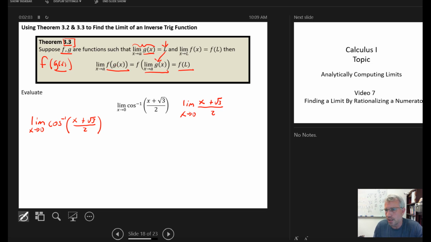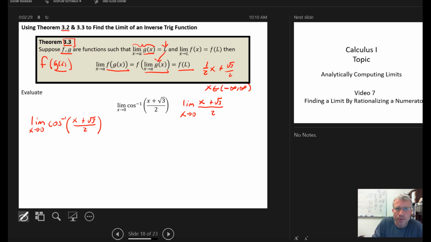What we want to recognize is that this is really just a linear function, in the form mx plus b. A linear function has the domain from negative infinity to infinity. In other words, it is defined for all real numbers, and 0 is an element of the open interval from negative infinity to infinity.